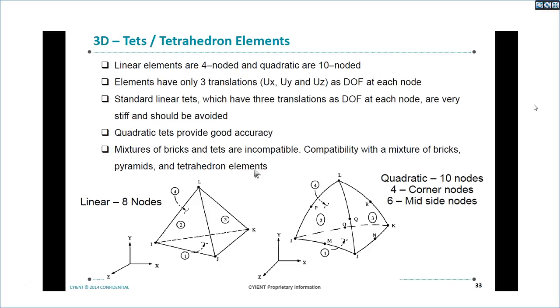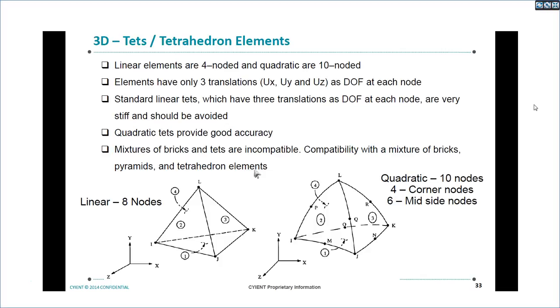So when you try to mesh a component with both the brick and tet, at the interface there is a compatibility issue. One with the quad, one with the tria.